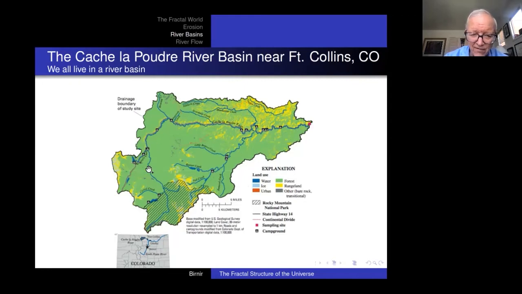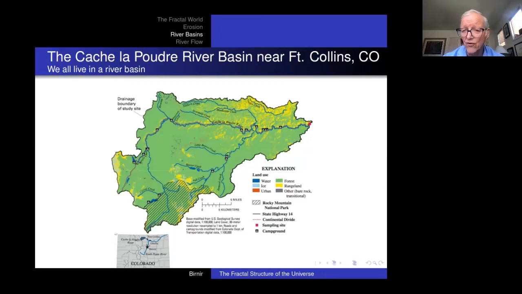And eventually the main river flows out of the basin, and the rivers on the east side of the Rockies will eventually be united in the river basin of the Mississippi. And so will the rivers on the west side of the Appalachians. So there is this huge river basin that collects all of these rivers, and that's the basin of the Mississippi River.